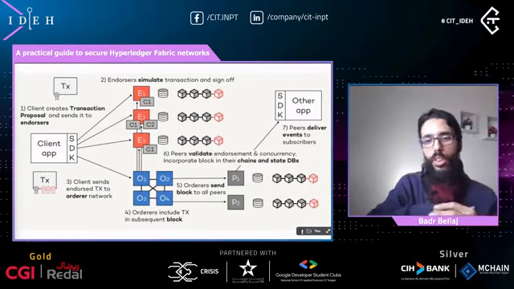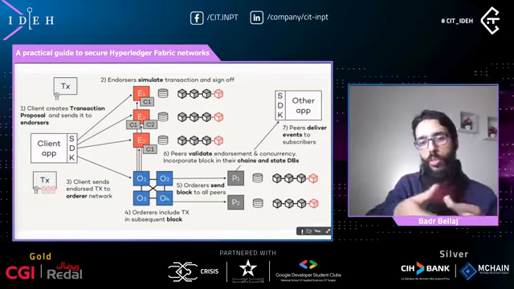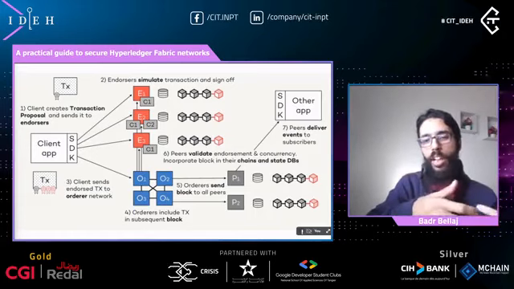Third, of course, the application sends the transaction alongside the endorsement to the orderer, and this latter creates a new block and broadcasts this new block to all the peers, and thus the block is added into the blockchain that each peer, of course, holds.